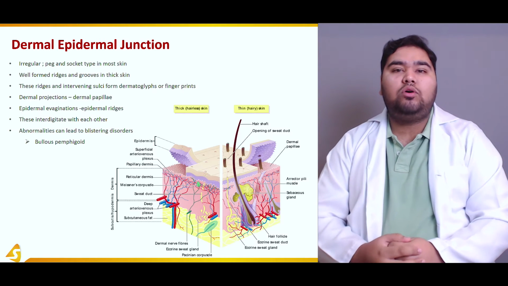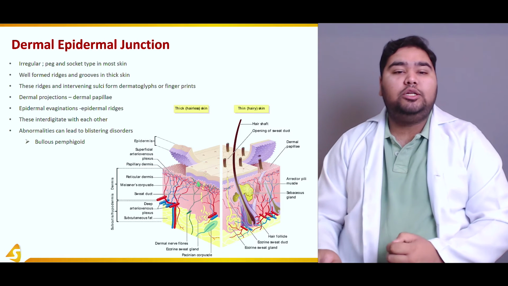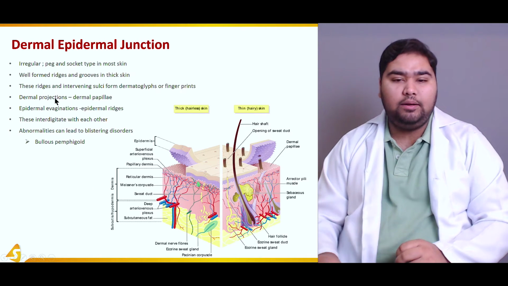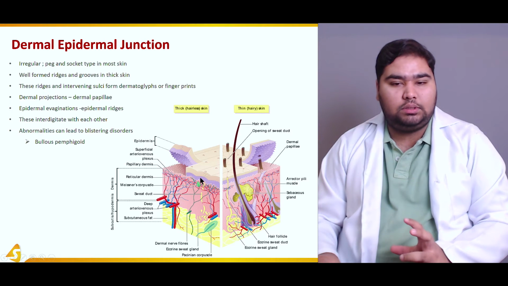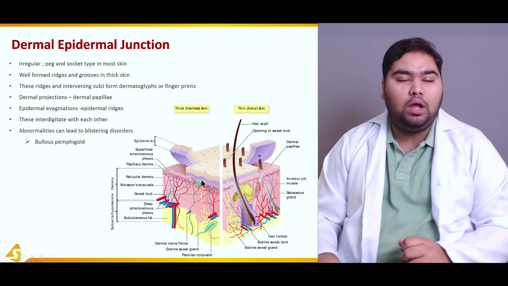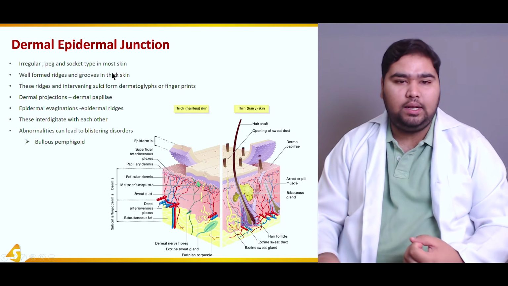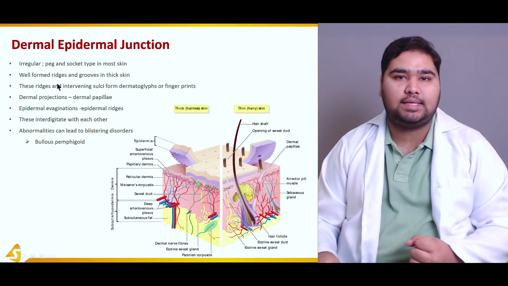Now let's take a look at the dermal epidermal junction in a little detail. Usually throughout the body, the dermal epidermal junction is irregular. In the figure, it is this purple colored junction which is visible. It is usually of the peg and socket type in most skin. However, it is in the form of well-formed ridges in thick skin.